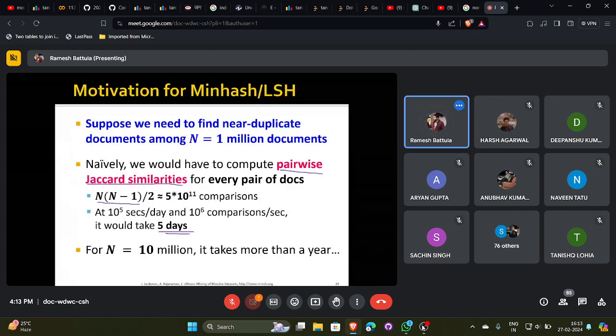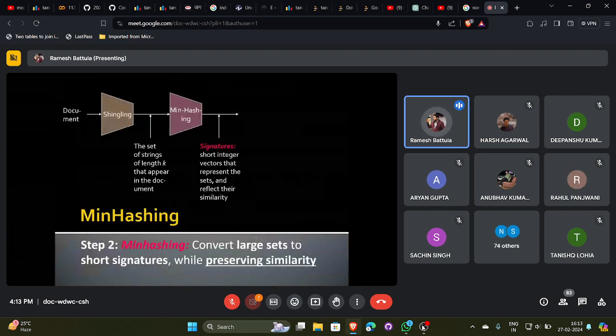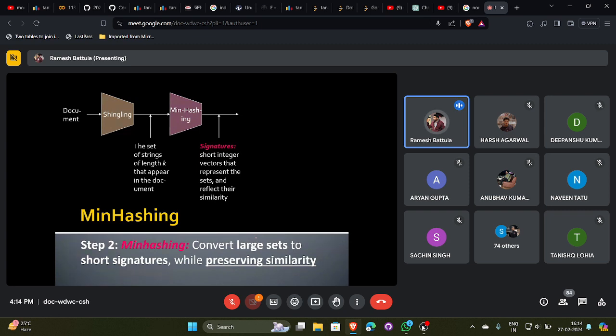Now suppose n equals 10 million. With this kind of algorithm it takes more than a year. So this kind of solution is not useful.